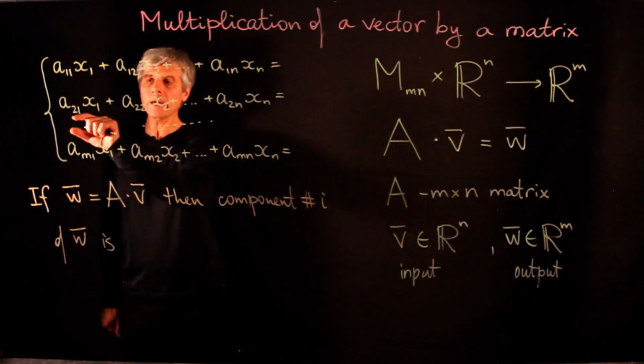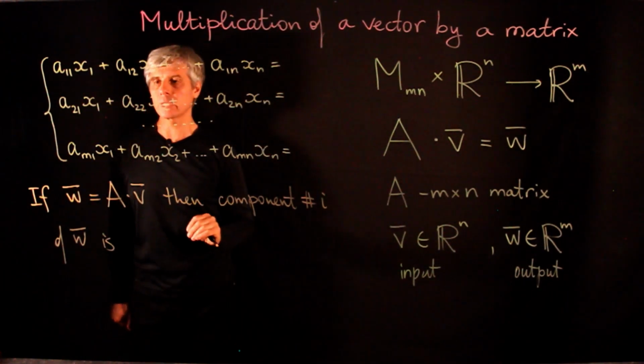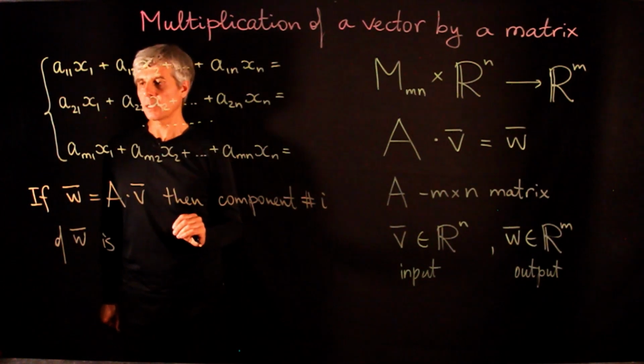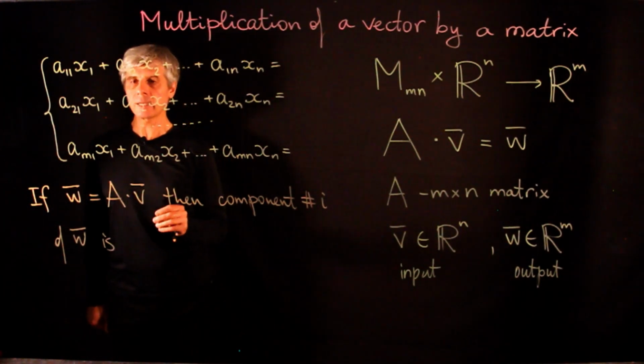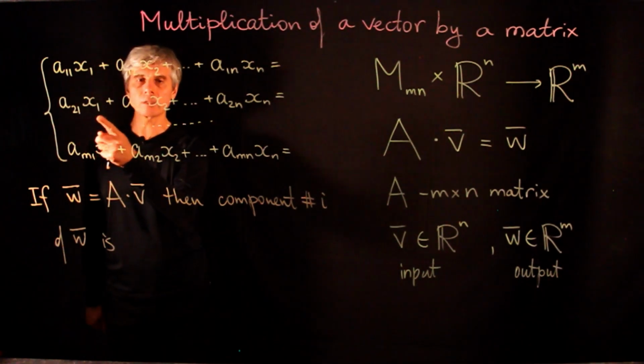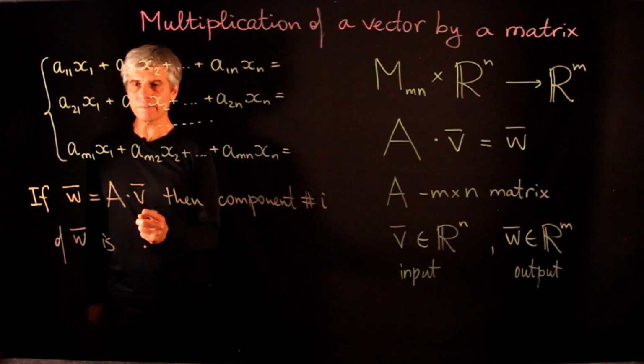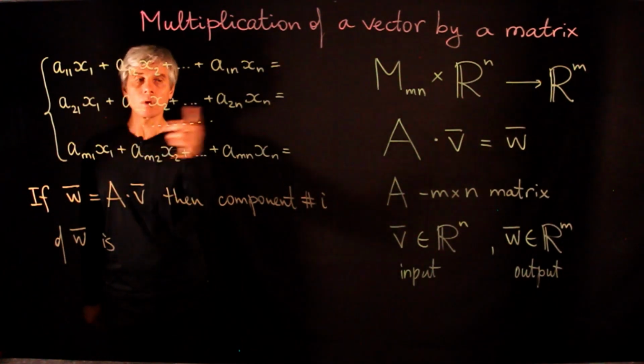Component number I comes from the ith row of this system of equations. And what we see is that the left-hand side here is nothing but a dot product, right? So this is a dot product of our vector V with the ith row of the matrix A.